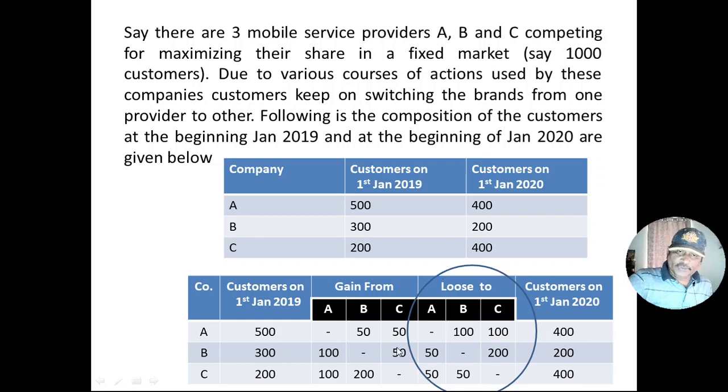Now we'll be using this information. This information is somewhere here, like 50-50, BC. Company A is losing 50 customers to B and 50 customers to C. That means company B is gaining 50 customers from A and 50 customers from C. So this piece of information we will be now focusing on, right?